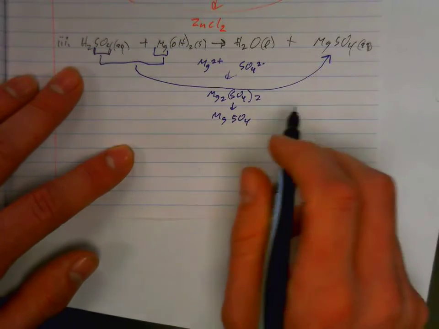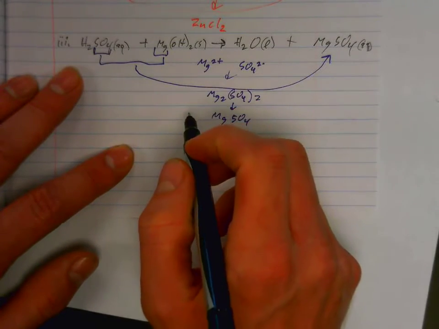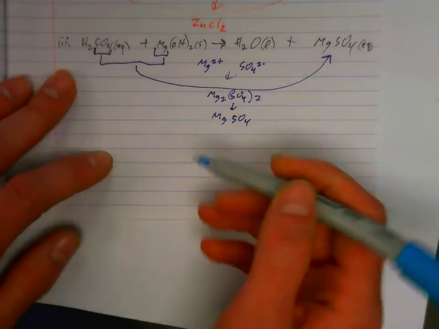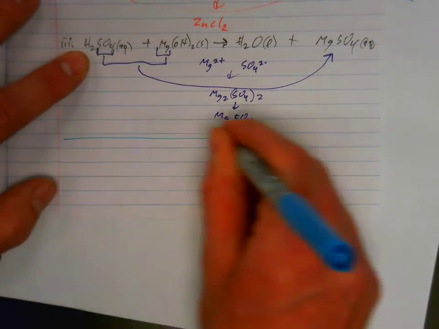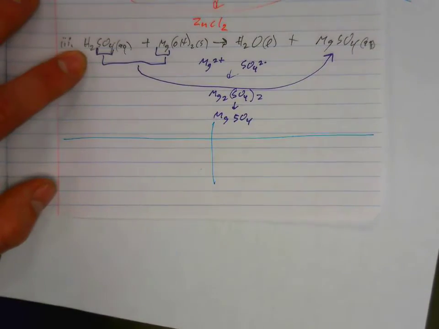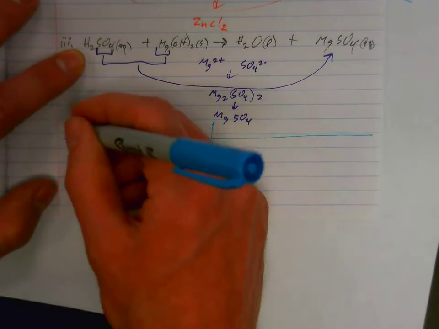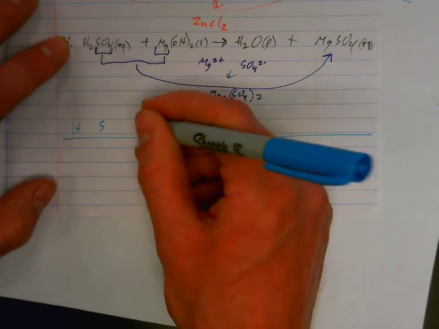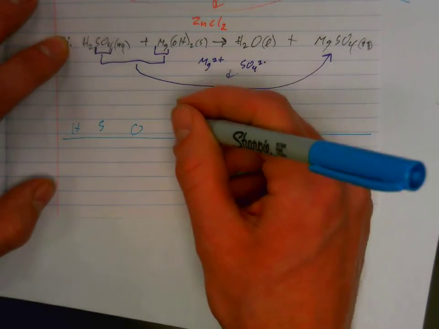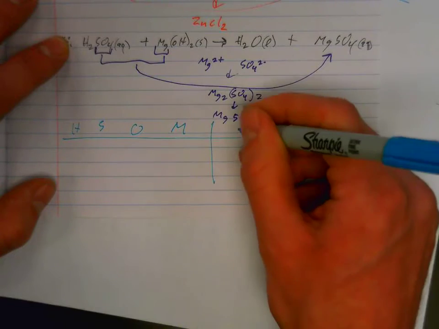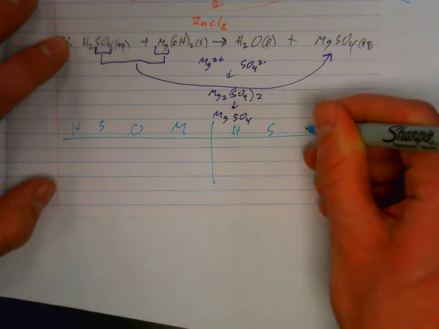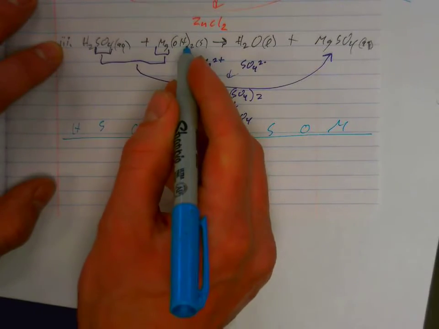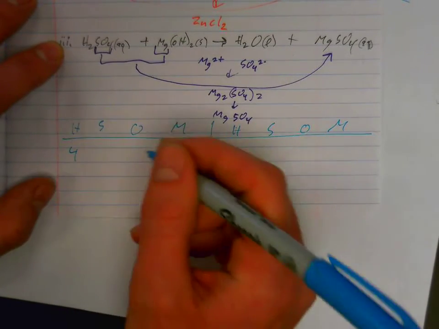Now we need to check to see if this is balanced. Let's go ahead and write out a T chart. So I have hydrogen, sulfur, oxygen, and magnesium. On the left, hydrogen, there's 2 plus 2 more, makes 4.